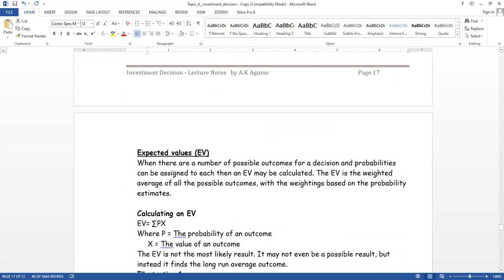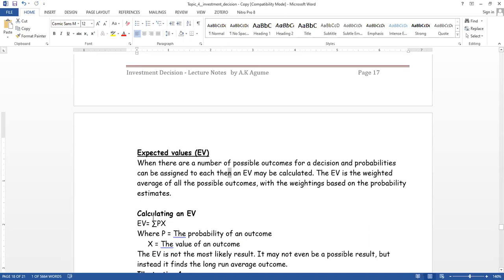So you can use expected values also to incorporate risk, especially where there are a number of possible outcomes for a decision. And then you can assign probabilities to each of them. And then an EV, expected value, may be computed. So the expected value is the weighted average of all possible outcomes with the weightings based on the probability estimates.